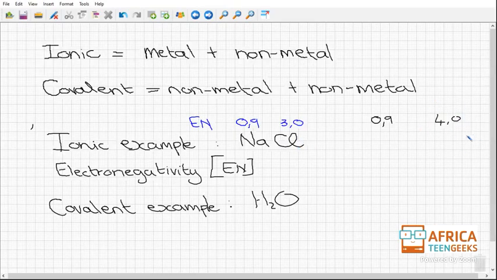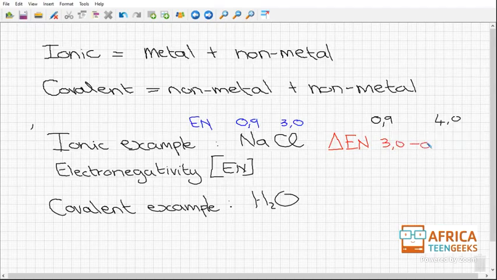Okay. Now, the electronegativity of each element doesn't actually help us. The thing we are interested in is the difference in the electronegativity between the two. Okay, delta, difference in electronegativity. So I always go big number minus small number.